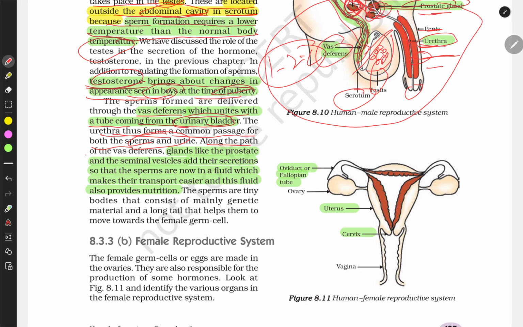Along the path of the vas deferens, glands like the prostate and seminal vesicles add their secretion, so that the sperm are now in a fluid which makes their transport easier, and this fluid also provides nutrition. It has two works: one is that it makes transportation easier because of the fluid, and it also provides nutrition.